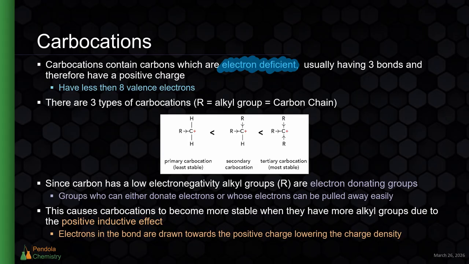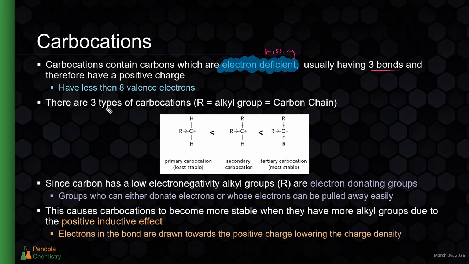So electron deficient means a compound that is missing electrons, or that has less than 8 valence electrons. Usually, this means that we have 3 bonds and therefore a positive charge on electron deficient compounds. And so carbocations fit the bill pretty well. We have a carbon with a positive charge because it has 3 bonds, because that carbon does not have 8 valence electrons. It has 6 valence electrons because of the missing bond.